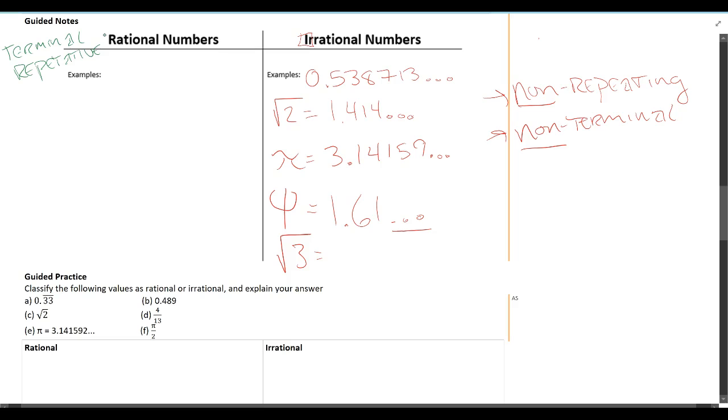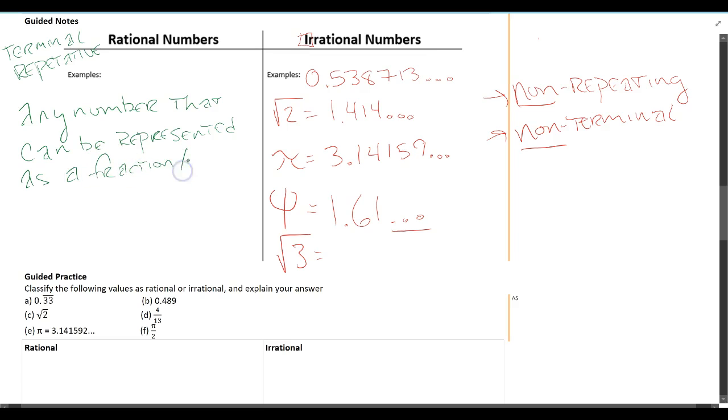Rational numbers, long story short, are any number that can be represented as a fraction or a ratio.